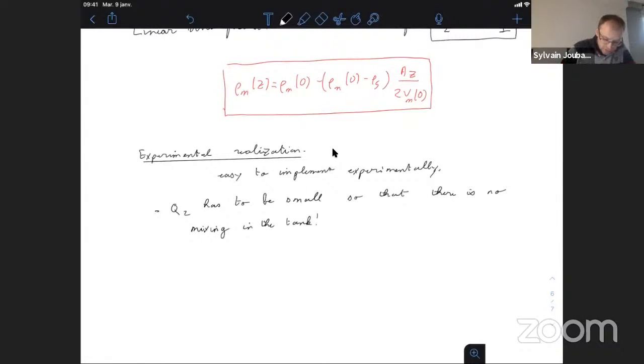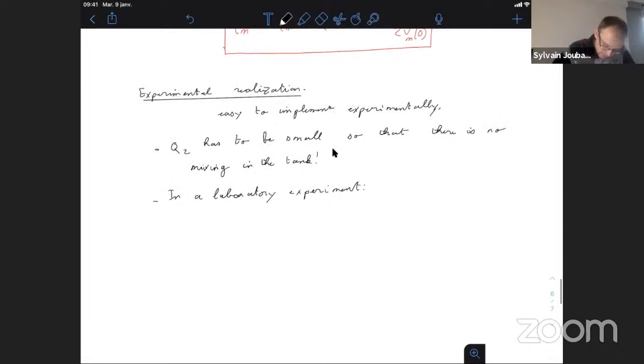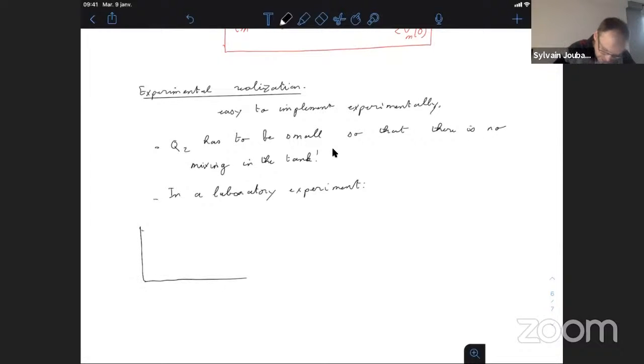And just to give you some idea, in a laboratory experiment that we have in Lyon, I will just give you some dimensions: 17 centimeters, 2 meters, and something of the order of 30 centimeters.